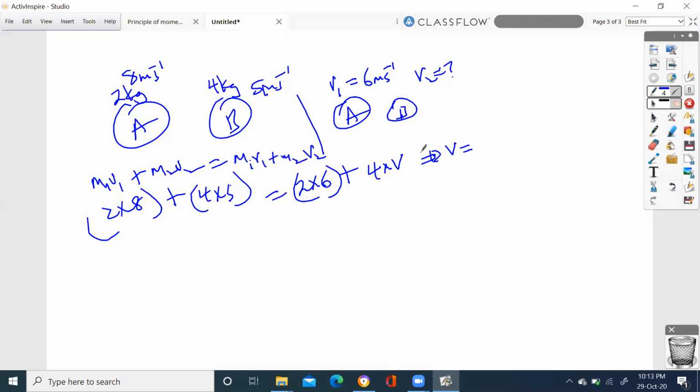So 16 plus 20, that is 36, minus 12, 24, by 4.